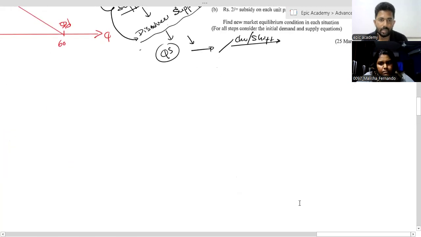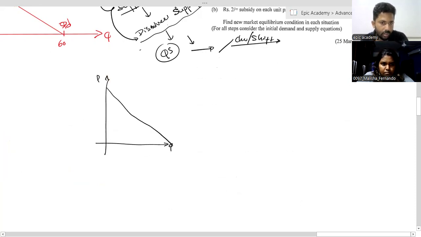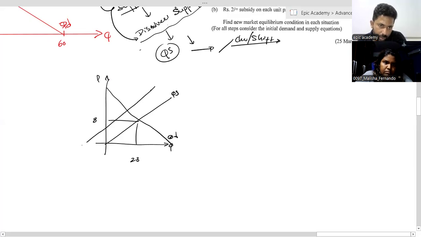As an example, just consider this is the equilibrium situation. We already calculated QS and QD, already calculated it as 8 rupees and 28. After increasement of the cost of production, input, the supply curve shifts to that area.